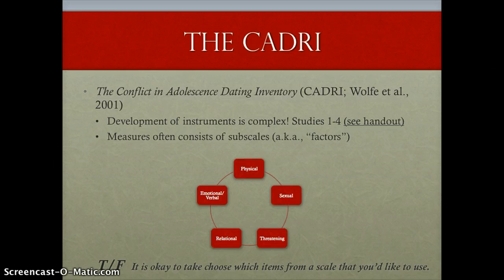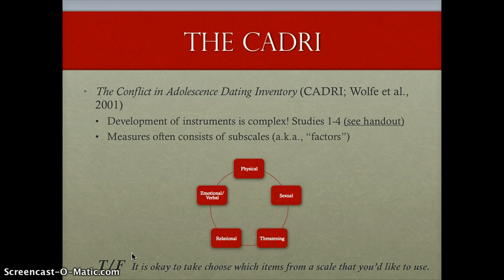But the original development took place in 2001, and going into that original article is really important because it will talk about the validity and the reliability. It will also give you the actual instrument, typically. Like I said, Roberta Astroff will be there on Wednesday to talk to you about this.